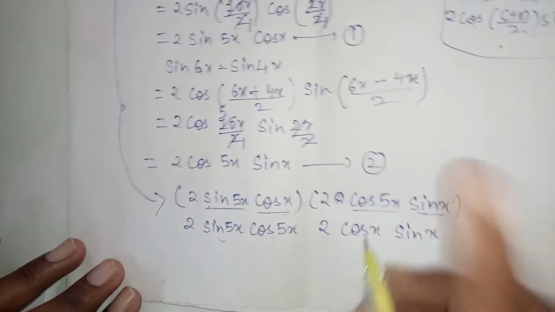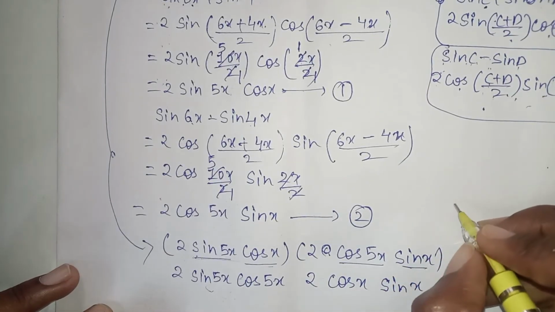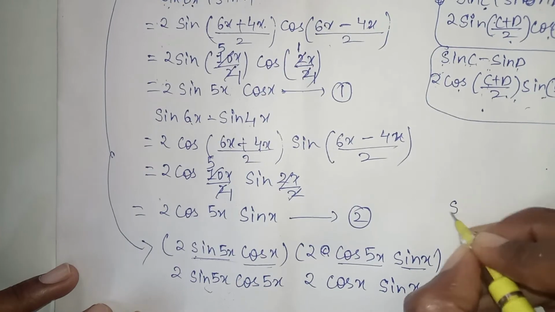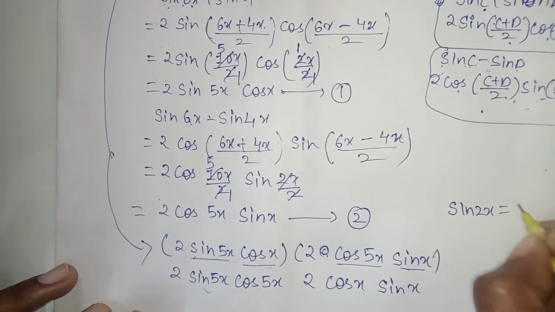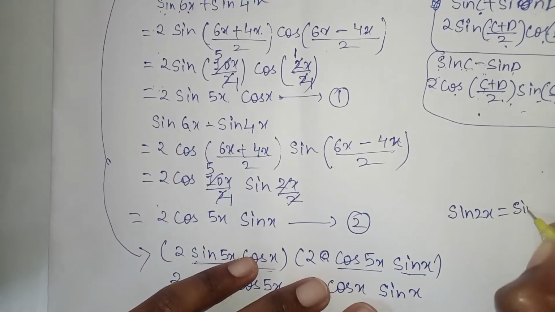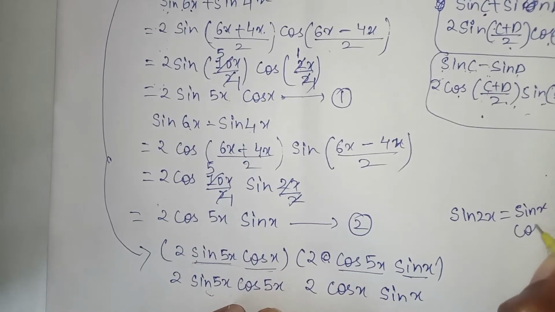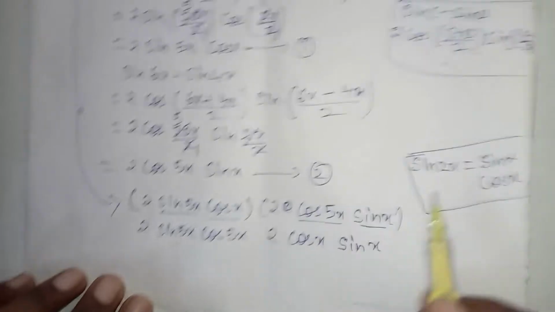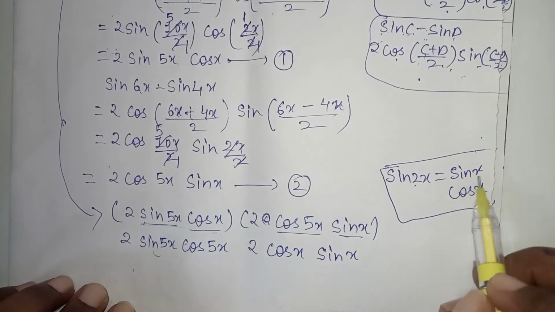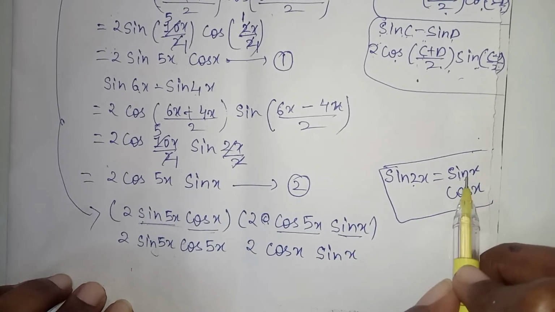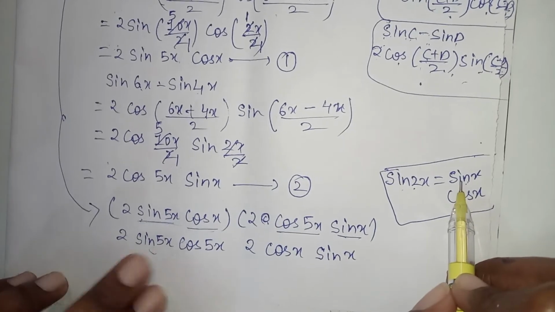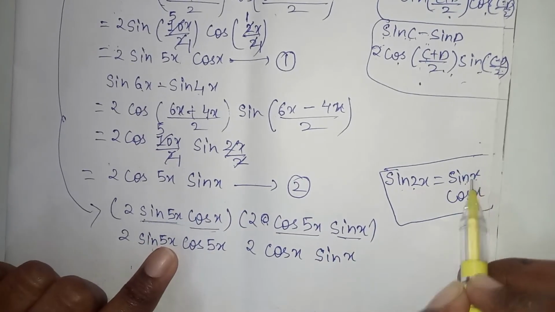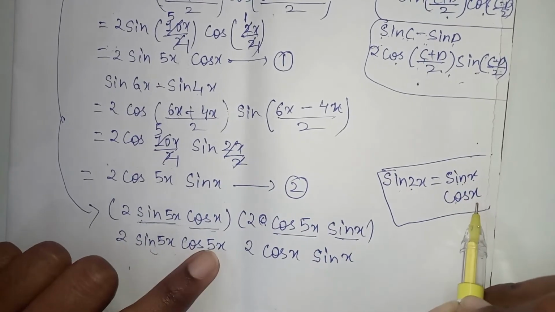As I said in the exercise introduction, first of all, what is the sin 2x formula? Sin x cos x. So it is in this form only, right? See, sin 2x is there. So in which form is it? Right form. So you have to convert it into the left form. So sin is there. What is x? 5x. Cos is there.